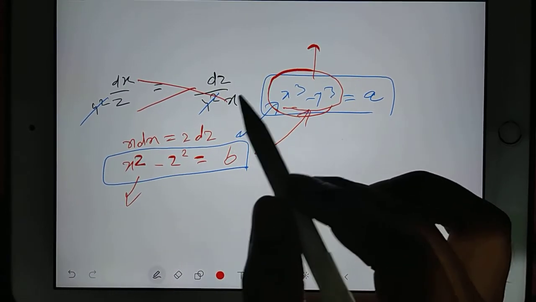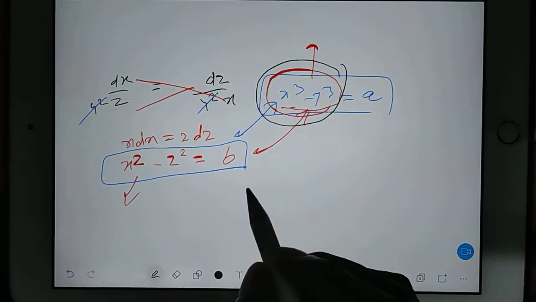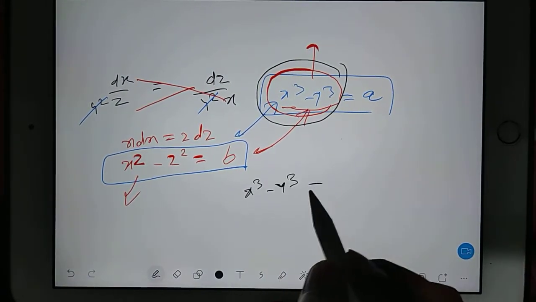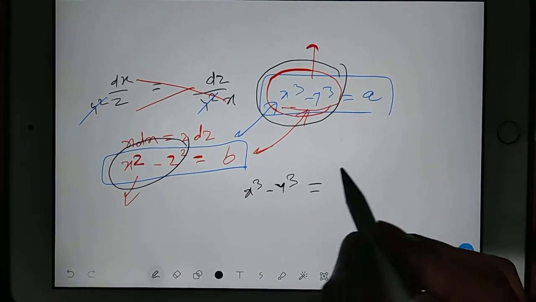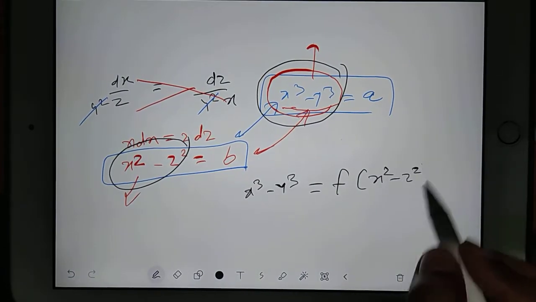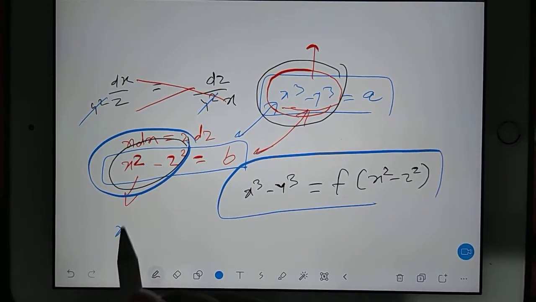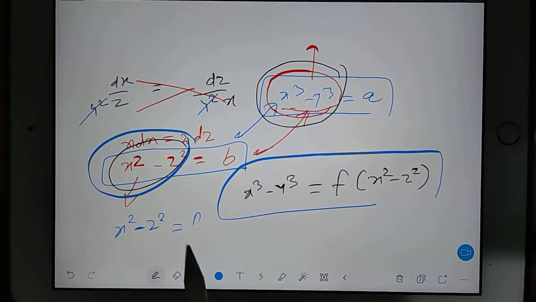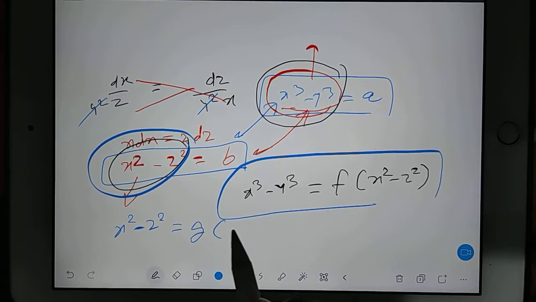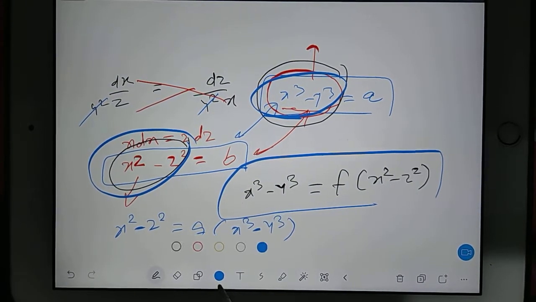You can relate them by using a function: x cube minus y cube you can consider as a function of x square minus z square. Or you can write x square minus z square as a function, say h or g, of x cube minus y cube.